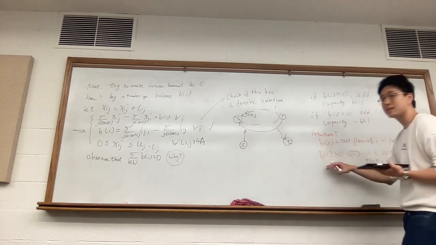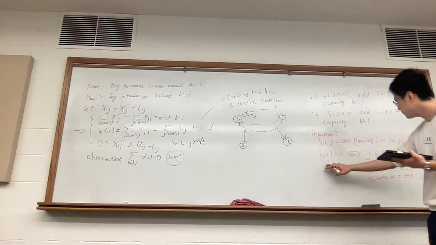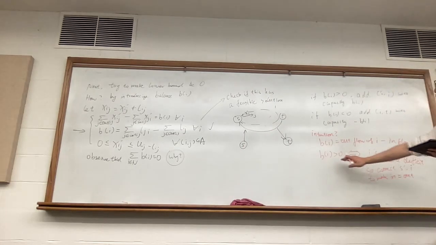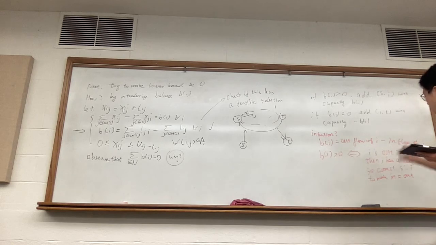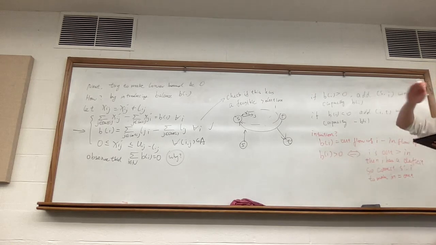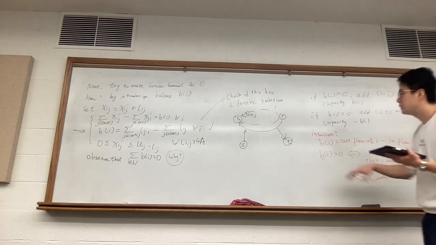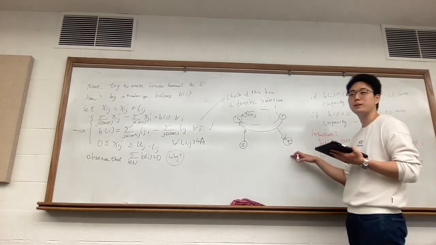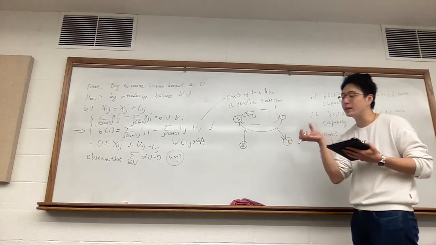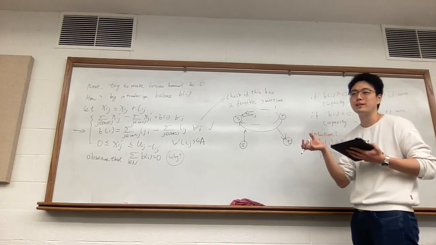Then if BI is less than 0, what does it tell us? It tells us that I's out is less than in. So I's money can increase, right? To make a balance, T is like the government. They get more tax from those people, right?